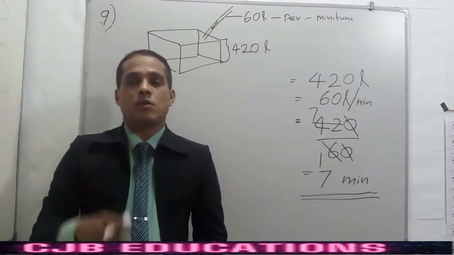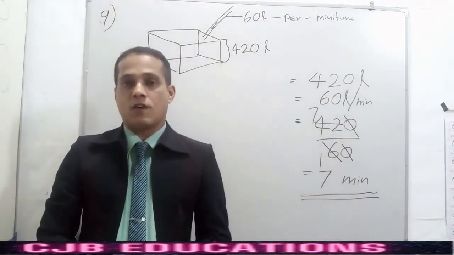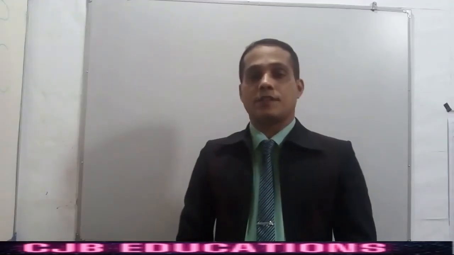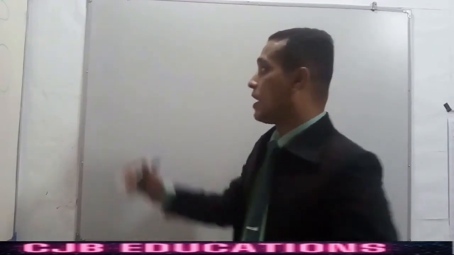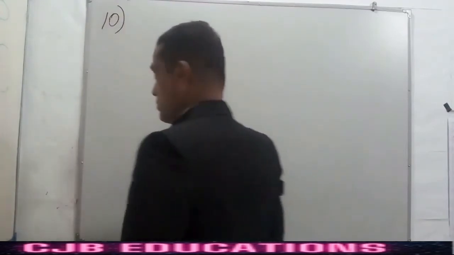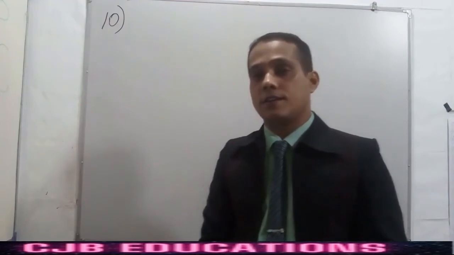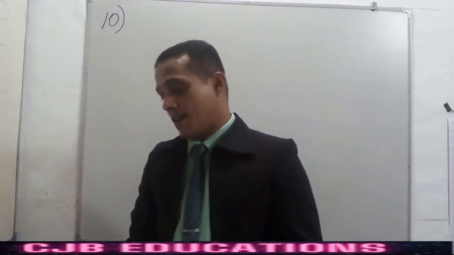Okay, then we can move to the 10th question, which is our last question also. So, okay children, this is the 10th question, our last question. We can move to the question. You can write the question as displayed on screen.